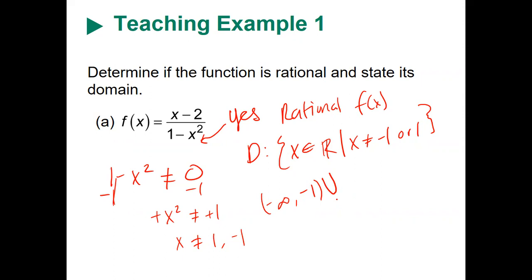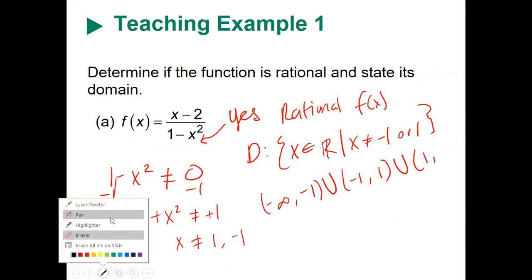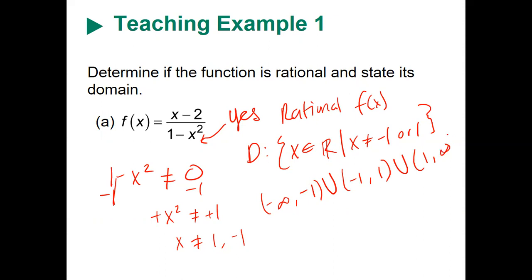Then we go from negative 1 to positive 1, and then we stop again, and we go from 1 to infinity. So the main goal is to find where it can't be. As long as you know those, then everything else should fall into place.